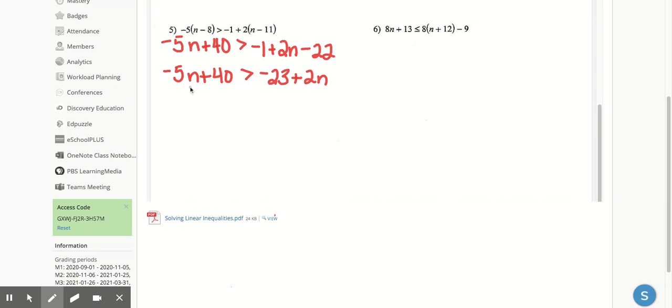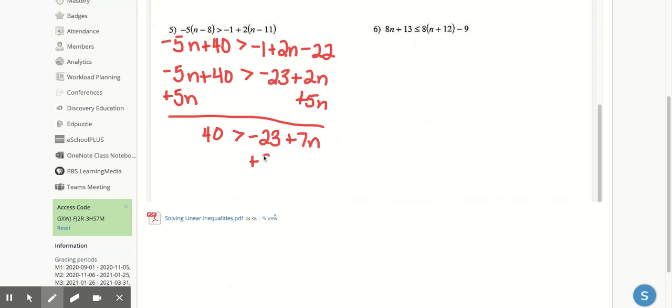Then we can get our variable terms together. So I'm going to go ahead and add 5n to both sides. So on the left, we have a 40 is greater than. On the right, that'll be a negative 23 still. And then 2n and 5n will be 7n. Then I can go ahead and add 23 to both sides.